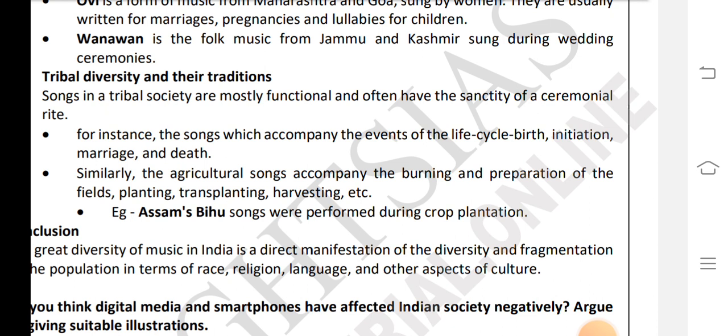Banvan is folk music from Jammu and Kashmir, sung during wedding ceremonies. Tribal diversities: the traditional songs in tribal societies are mostly functional and often have the sensitivity of other ceremonies, for instance the songs which accompany the events of the life cycle: birth, initiation, marriage and death.